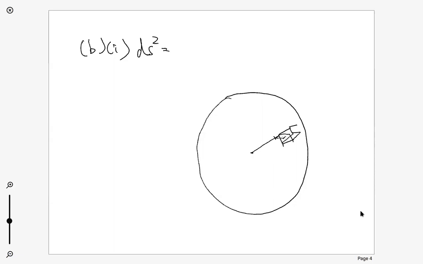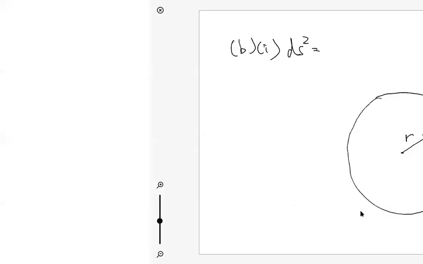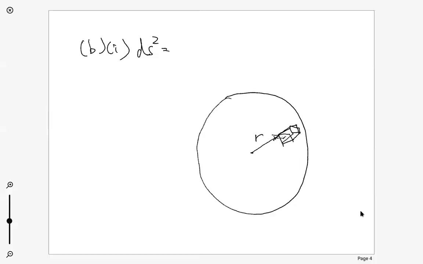So this vector here is r, this coordinate is r. And the cube here is just the infinitesimal cube, the infinitesimal volume. So what is the infinitesimal length here?